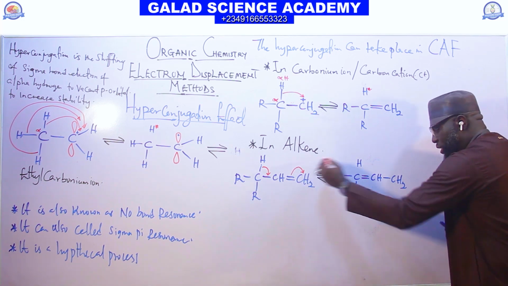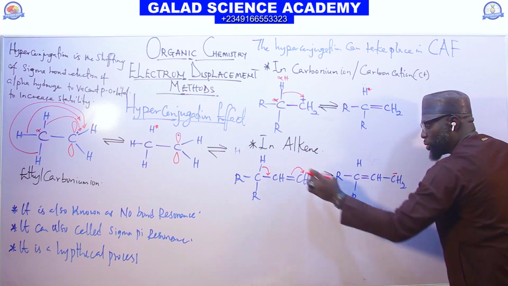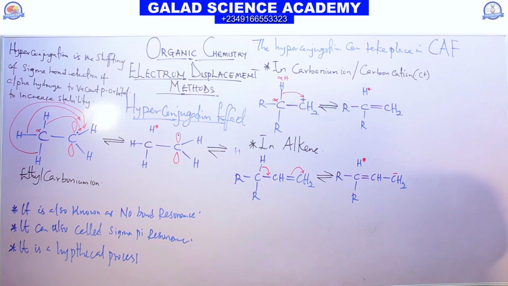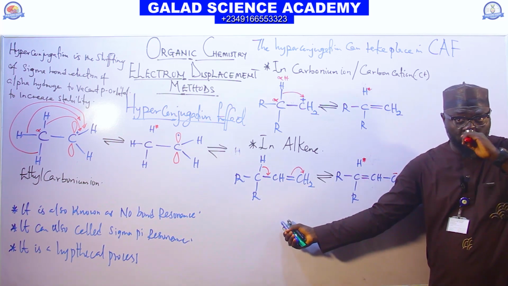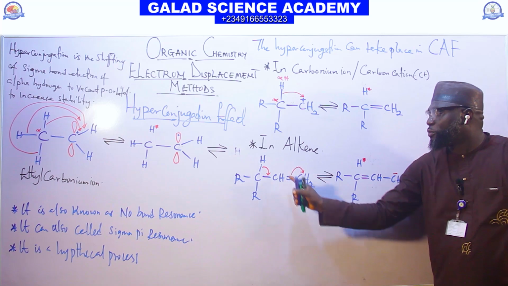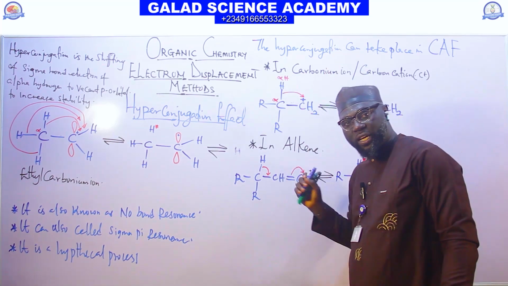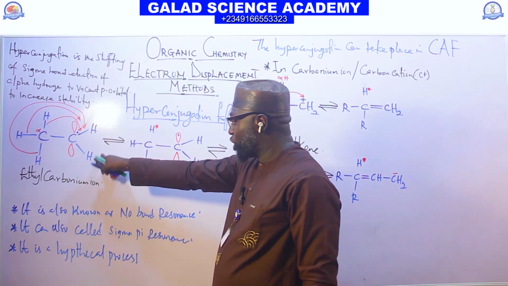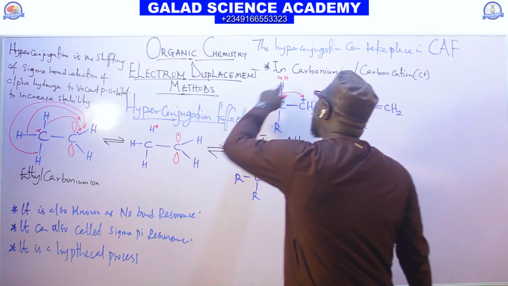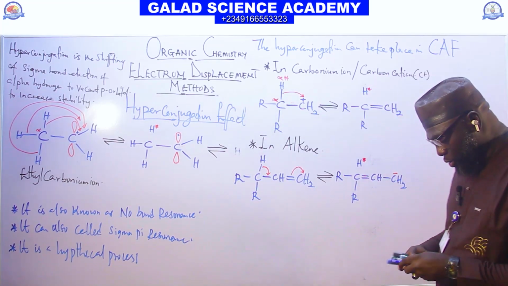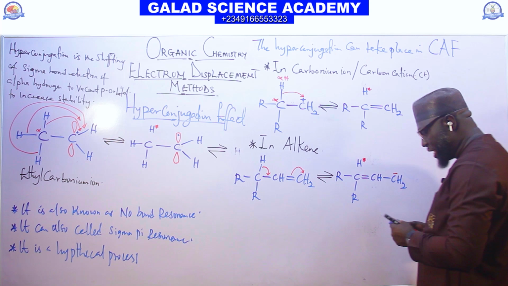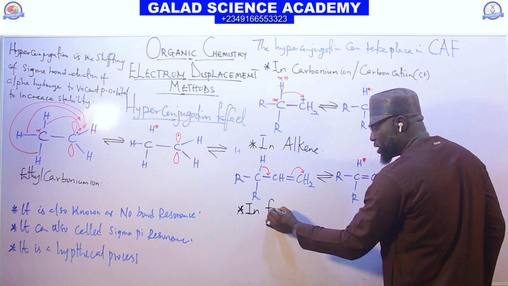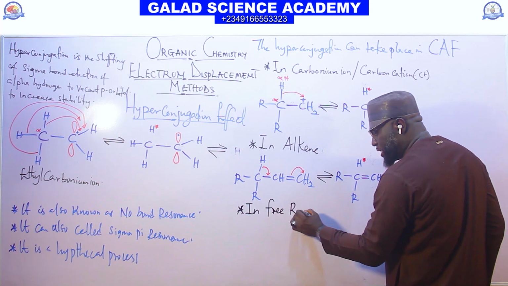Because this bond comes to this side, here we have minus, and this side is positive, then here we have our empty hydrogen bond. This is the illustration of hyperconjugation in alkene. And the earlier example is the illustration of hyperconjugation in carbonium ion. So the last one, CAF, is hyperconjugation in free radical.